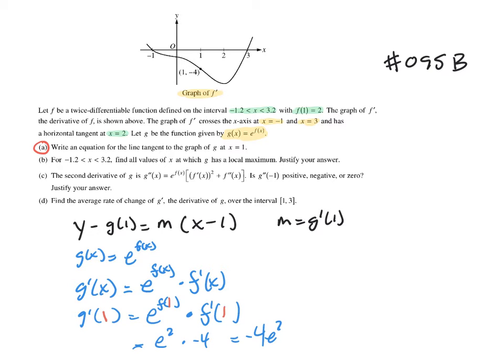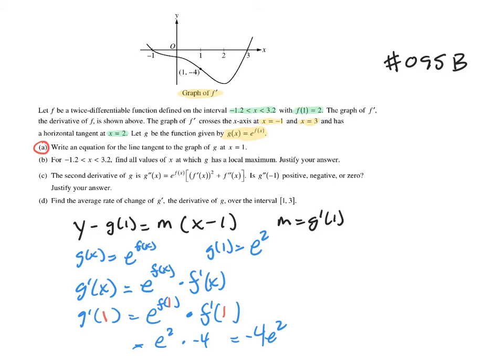Do I know what g of 1 is? G of 1 is e to the f of 1, so let's just make a little note here. G of 1, because I need to know that, is e squared, because e to the f of 1 is e squared.